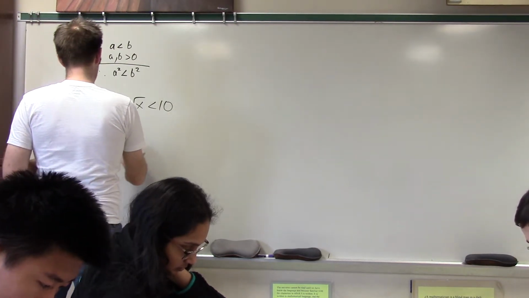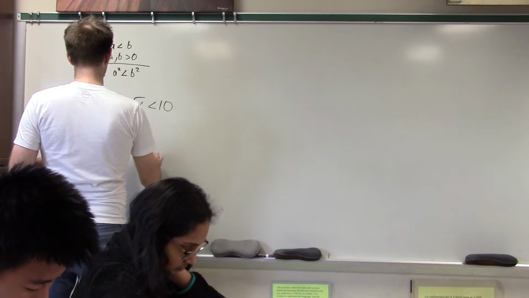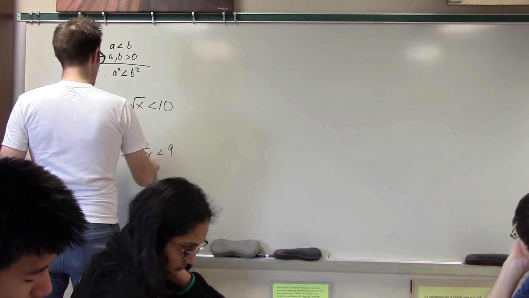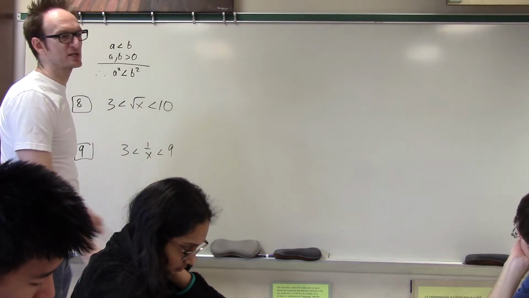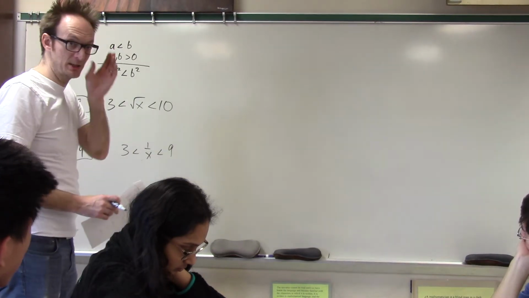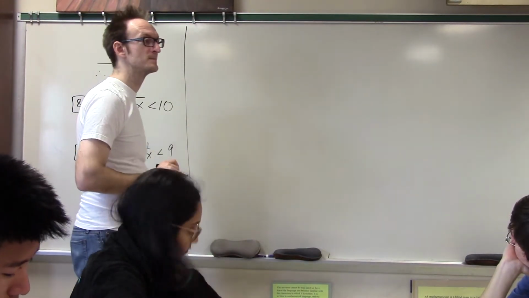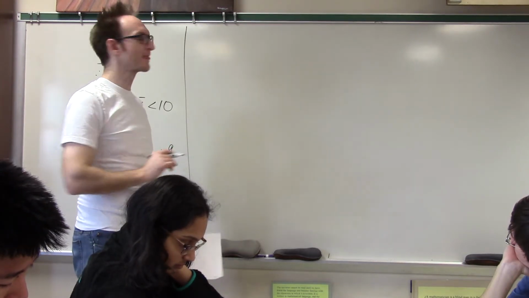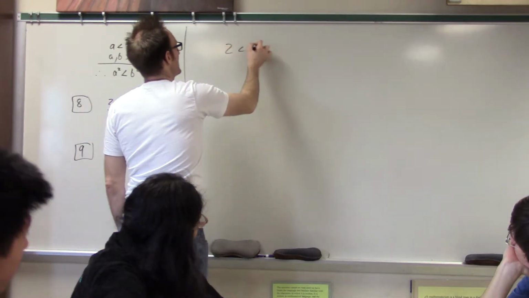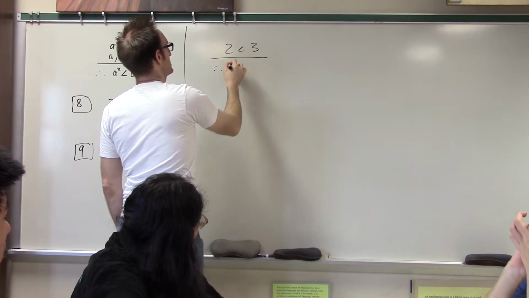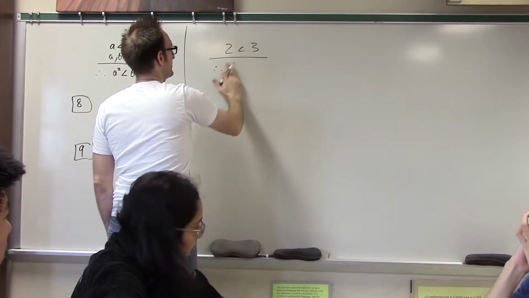Number 9. What now seems tempting? Multiply by x. Yeah, it seems tempting to reciprocate or something. Is that legit? Let's do some examples. 2 is less than 3. What is the relationship between 1/2 and 1/3?